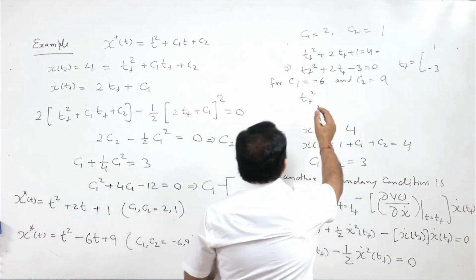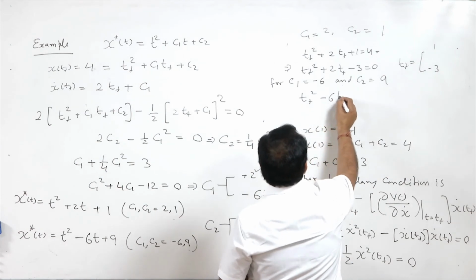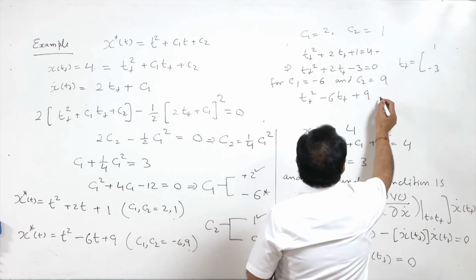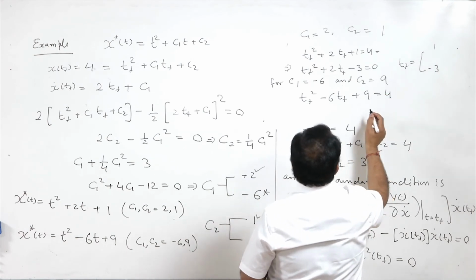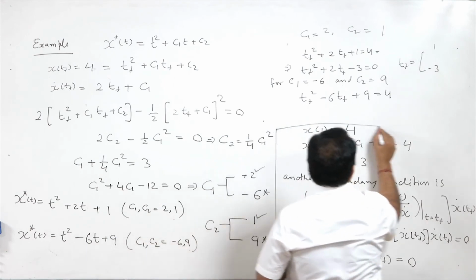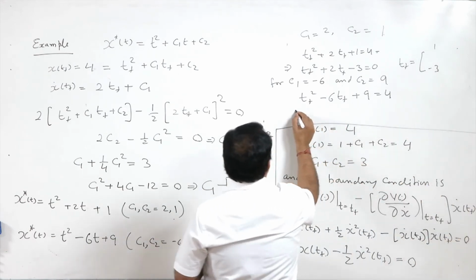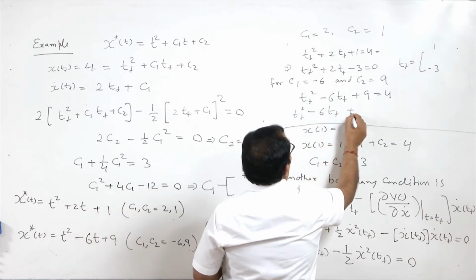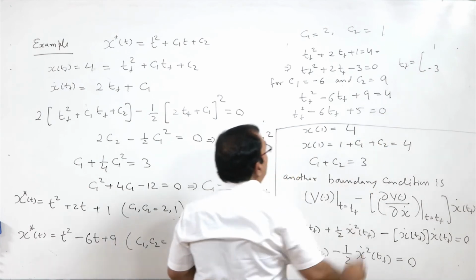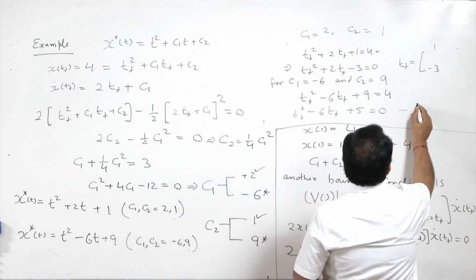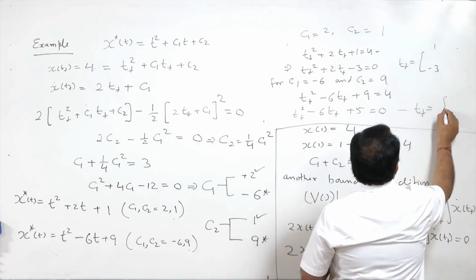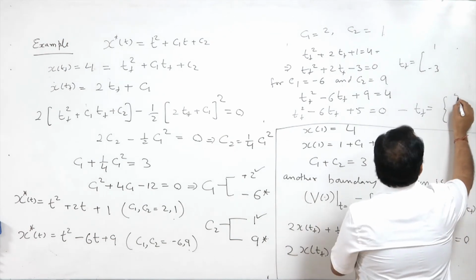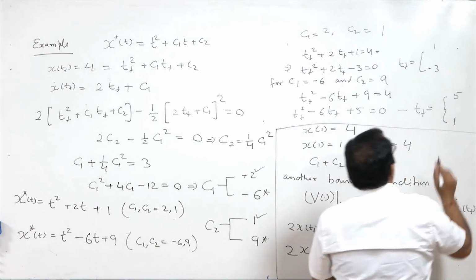With C1 as minus 6, this is TF squared minus 6 TF plus 9 equal to 4, or simply TF squared minus 6 TF plus 5 equal to 0, and this gives me TF equal to 5 and 1.